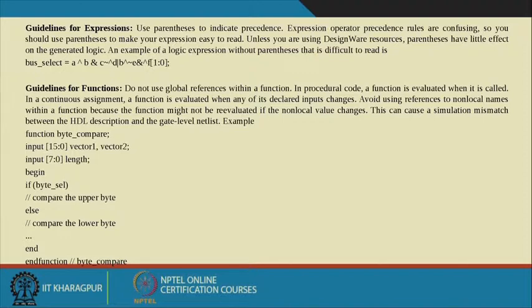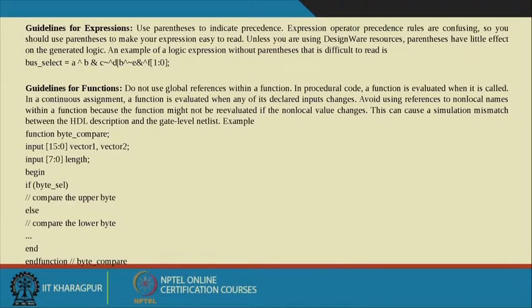Whenever we are defining a logic expression, suppose one example is bus select equals A XOR B and C invert XOR D or B. We have to put parentheses in between. A XOR B is one operation, so it will be put in a parenthesis.